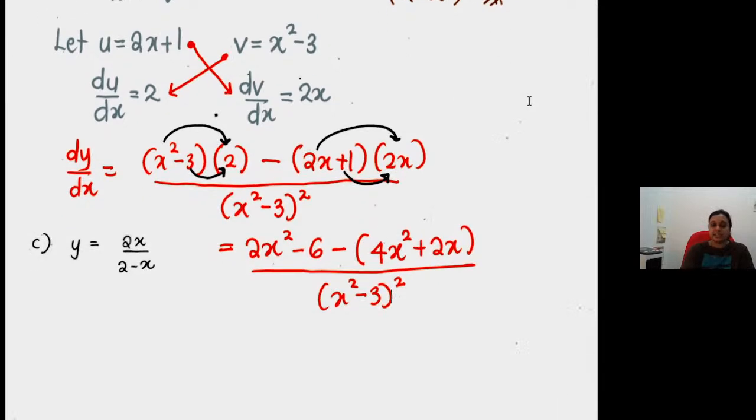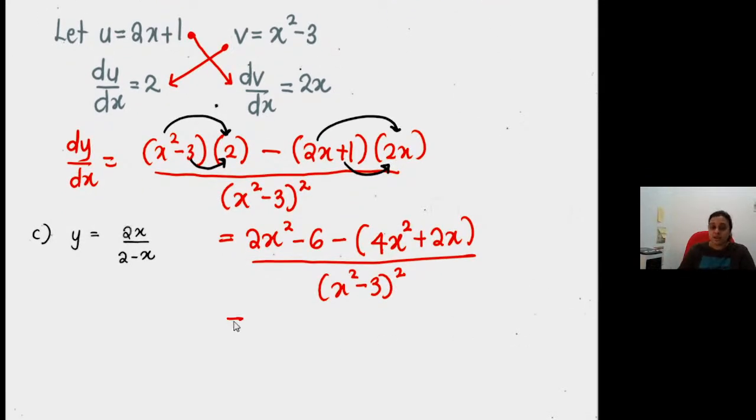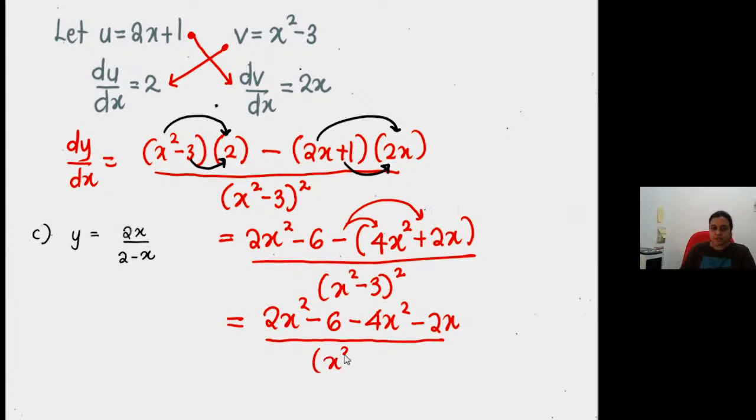Now anything that can be solved at the top, we solve. When you open the bracket, here becomes minus 4x squared minus 2x. Why minus? Because the negative should go in. Over x squared minus 3 squared.